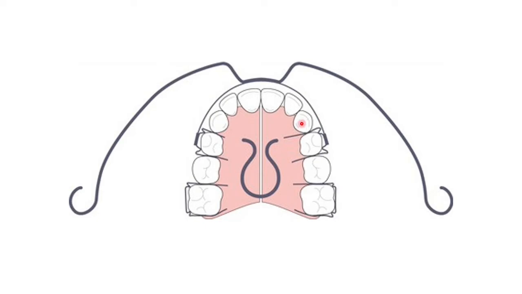Now let's focus on the Adams clasp on the premolar. There is a buccal tube soldered at the bridge of the Adams on both sides. The face bow is then attached to the buccal tube, and there are two parts of the face bow: the inner part that connects to the buccal tube on the bridge of the Adams, and the outer part of the face bow that engages to the headgear.